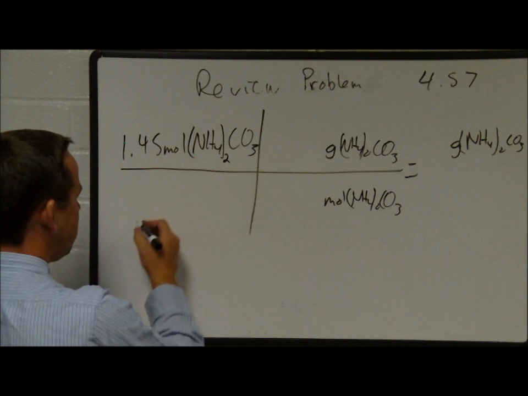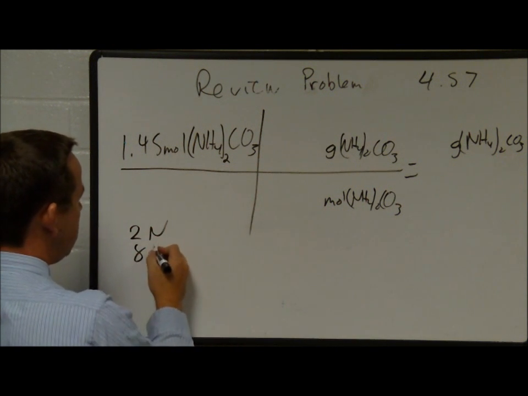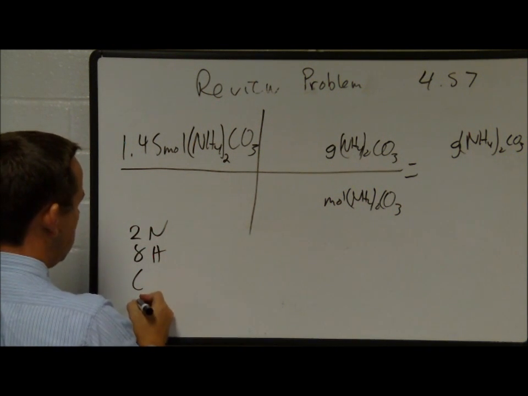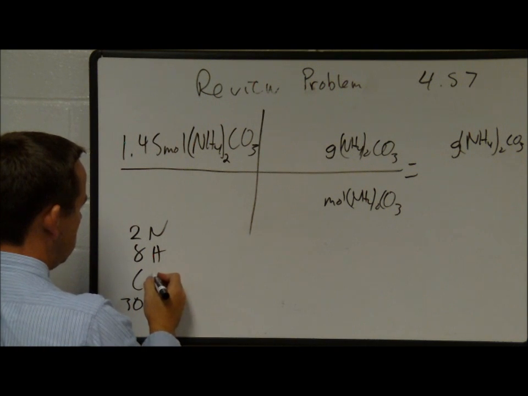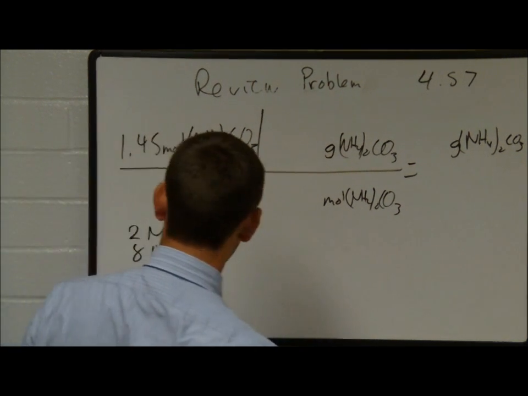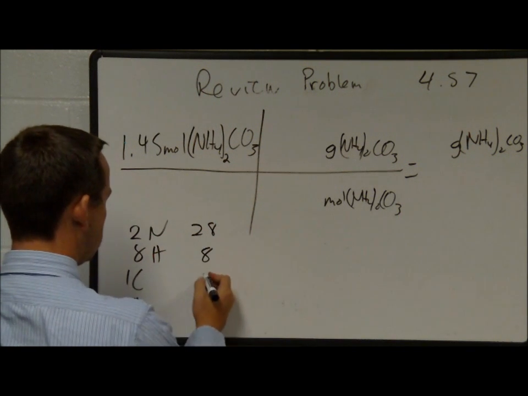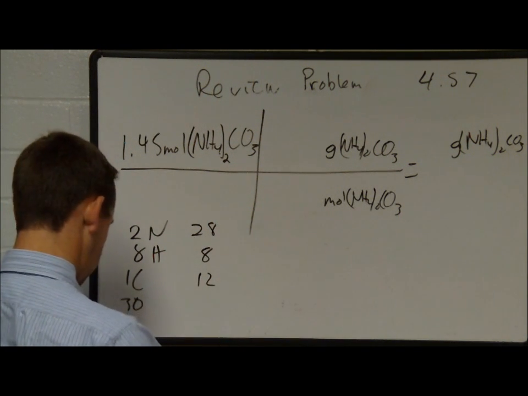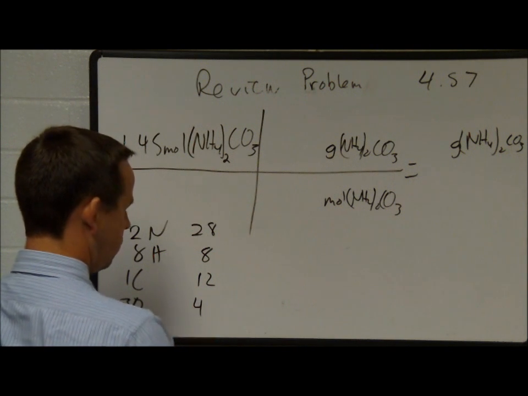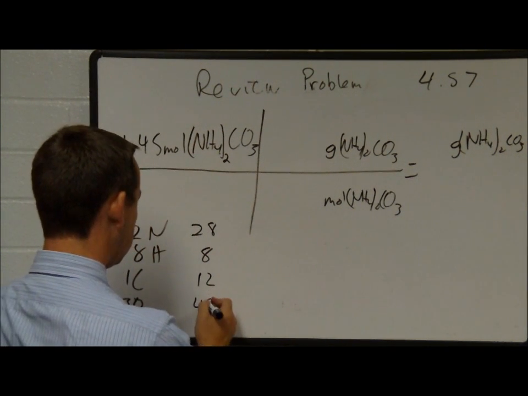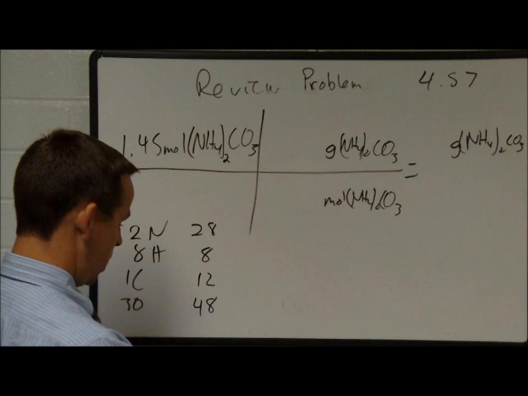Well, we have 2 nitrogens, 8 hydrogens, 1 carbon, and 3 oxygens, right? So, let's see. 14 times 2, 28. 8 times 1, 8. 1 times 12, 12. 3 times 16, 48. So we have 48 plus 12 plus 8 plus 28.